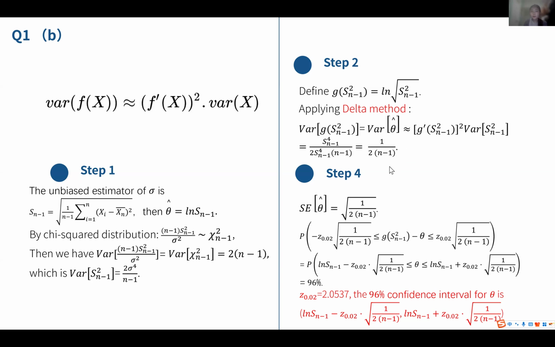For step four, from step three we know the variance of Sn-1 square, so we can have the standard error estimator of theta, which is this.